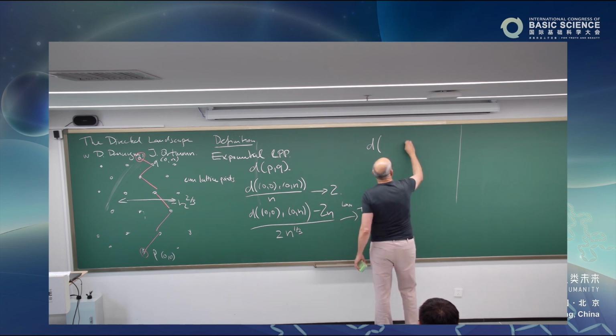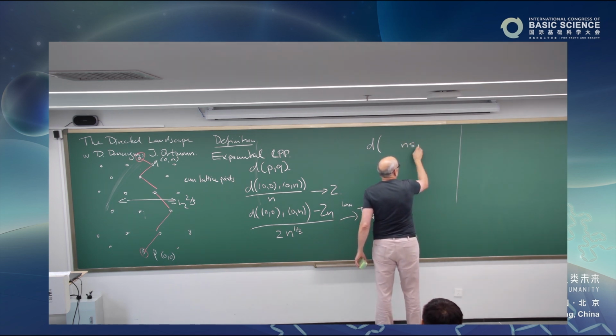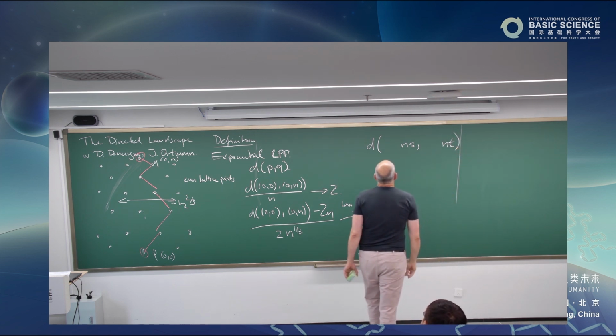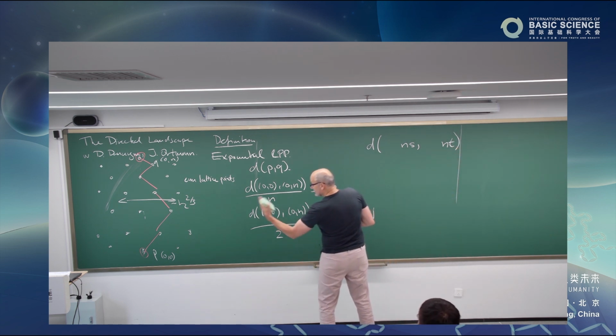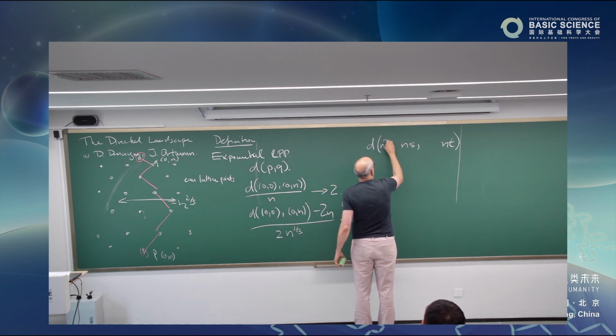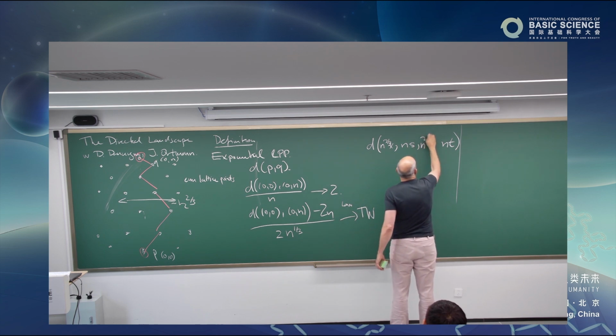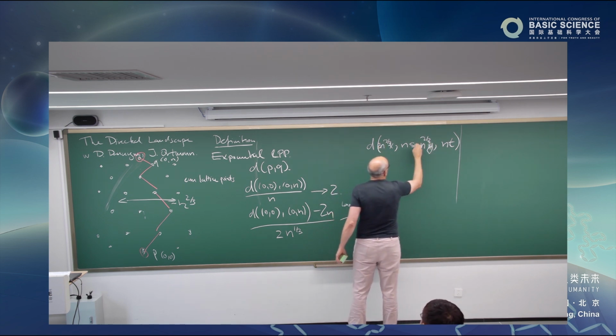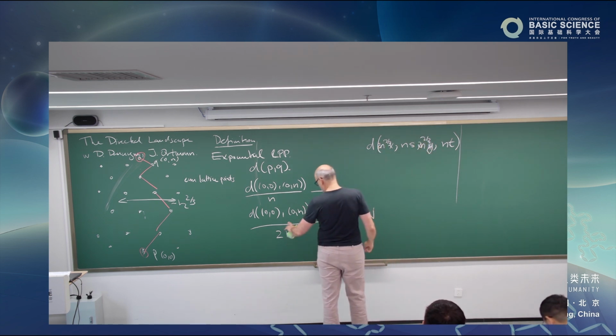So we're going to go from ns to nt in time. Then I'm going to put in the horizontal fluctuation, which has to be n to the 2/3. We're going to have an n to the 2/3 times x and y, and s and t.